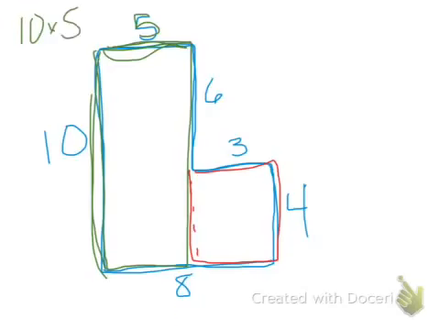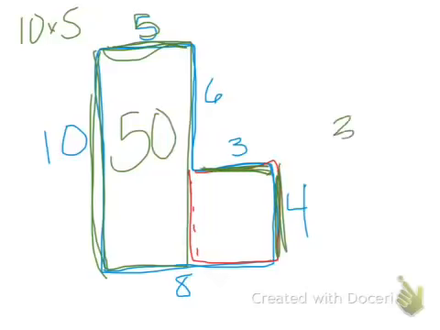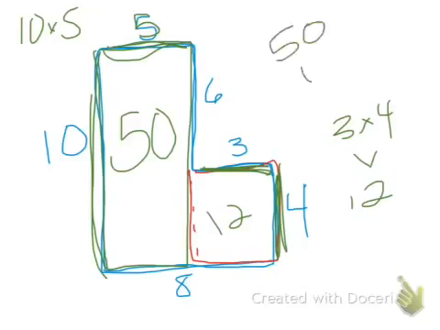So it's 5 by 10, so that would mean the area is 50. This one, this 3 is the top, and this 4 is the side, so it's 3 by 4, which would give me 12. So then I have the areas of both of those, so I would say 50 plus 12 is 62 square units.